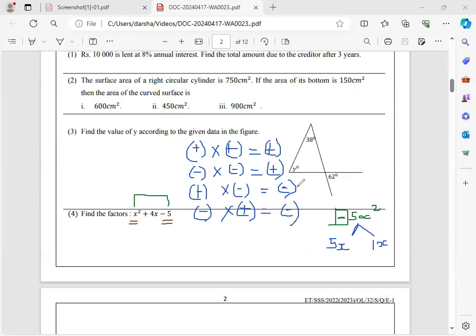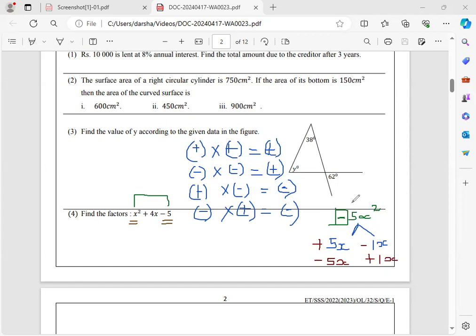So in order to get minus 5x squared, it should be plus 5x and minus 1x, or else minus 5x and plus 1x.